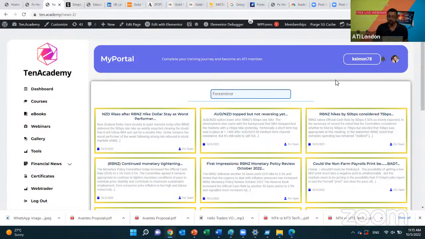Now, the next big thing, apart from the rate hikes and the announcements by central banks in both New Zealand and Australia, is that we are also heading towards the NFP, which is one of the most important data releases coming out this Friday.